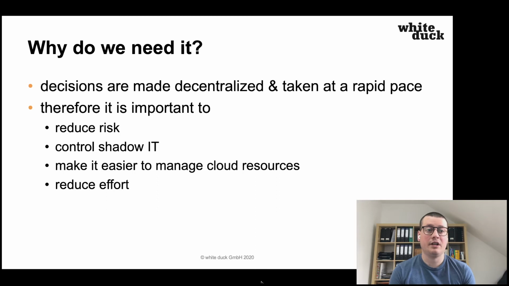So why is it important? First of all, we need to reduce risk. As I already mentioned, there need to be certain security policies in place, and we need to make sure that those are really met. This is what we can do with risk governance. We can also control our shadow IT if we would like to, or at least audit it to know which cloud resources our teams are using, and then maybe talk to them, or build policies for those resources because they're obviously needed.